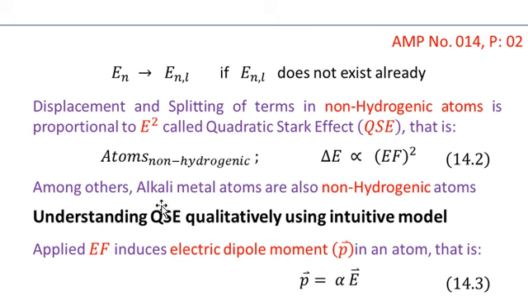Among other atoms, alkali metal atoms are also non-hydrogenic, because the inner core contains a large number of electrons. Though the valence electron in alkali metal atoms resembles that of the hydrogen atom, besides that there are electrons around the nucleus in closed orbits.